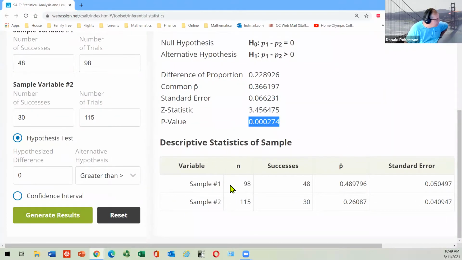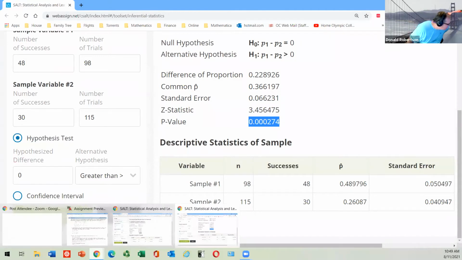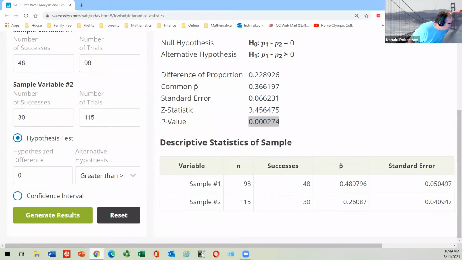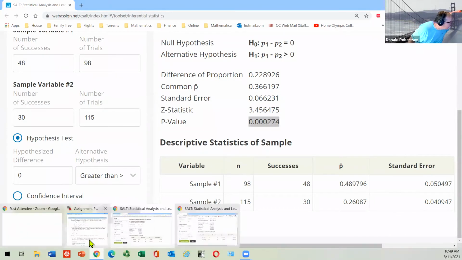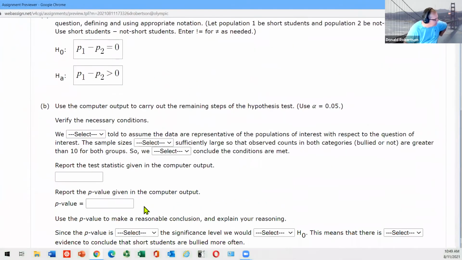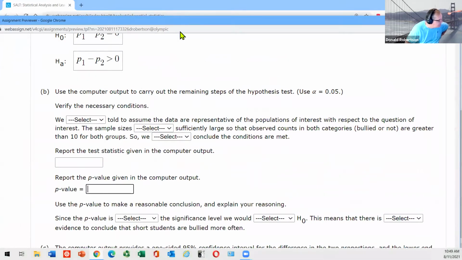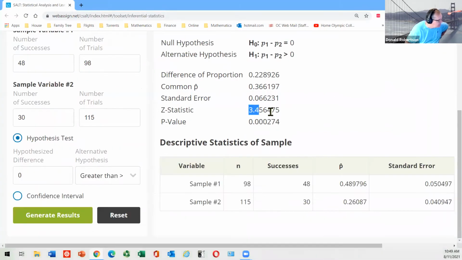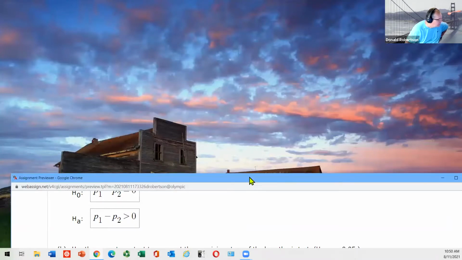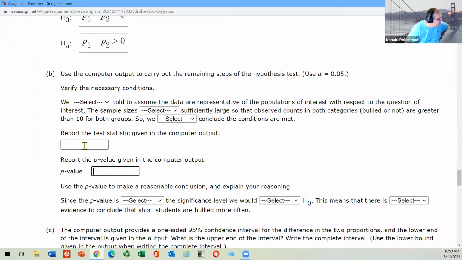Let me find where my question is now. Is it here? Oh, I've lost my question. Yeah, here it is. And the test statistic, I've forgotten what it was. It's that guy.